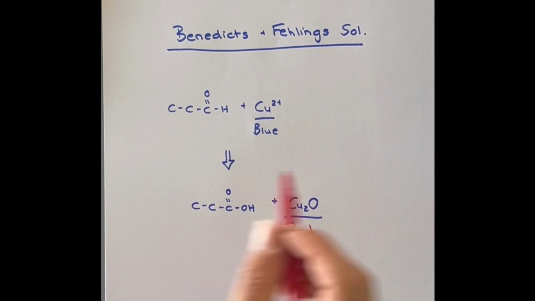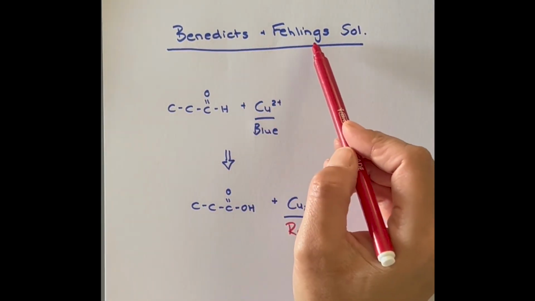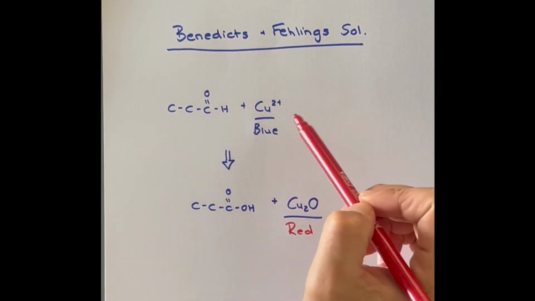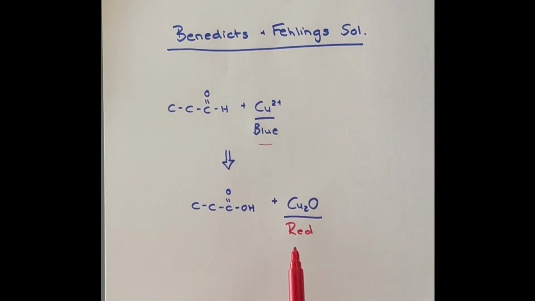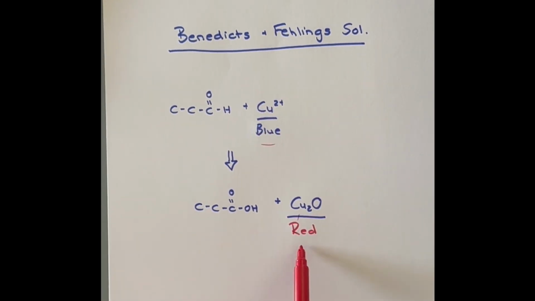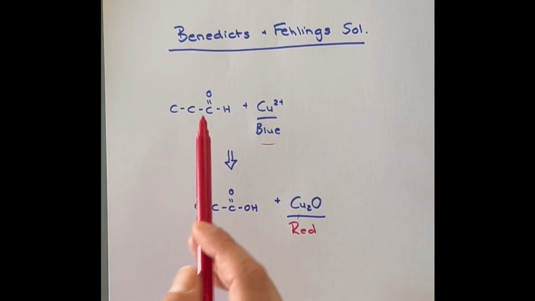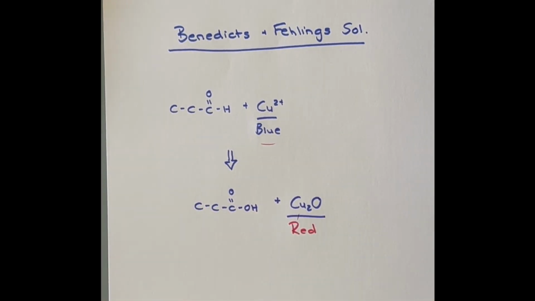So with Benedict's and Fehling's, a positive test with an aldehyde is the colour will go from blue to copper oxide that's red, because it'll oxidize the aldehyde. If it is a ketone, the ketone won't get oxidized and the solution will stay blue.